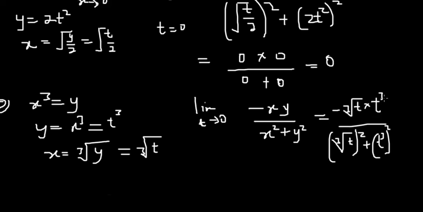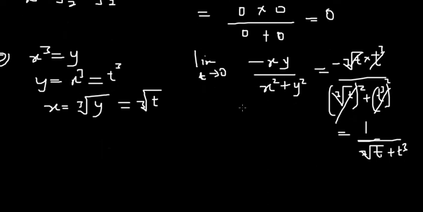You could notice that this will cancel this, but you will have one remaining over here, and then this will cancel this, but you have one remaining over here. So we have 1 times 1 is 1 divided by the cube root of t plus t cubed. So now we could just substitute t equals 0.